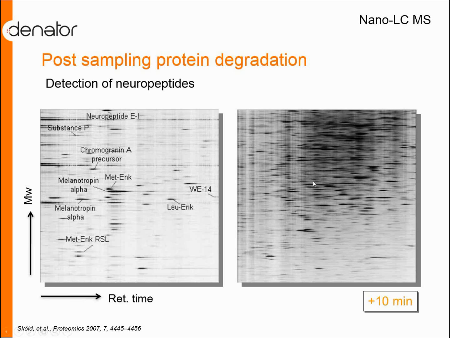So there's lots of peptides in here. However, it's very difficult, on the verge of impossible, to identify any of the interesting neuropeptides that we know should be there. Instead, what we see here is a lot of degradation fragments from high abundant housekeeping proteins, and usually not very interesting.